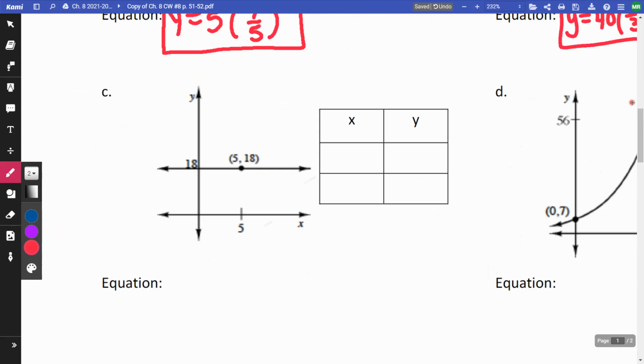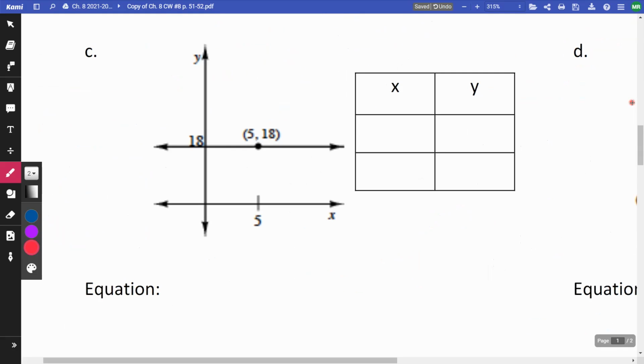On letter C, on this one, I have a point here at 0, 18, and then we have a point here at 5, 18. So since I have 0, 18, that is going to be my a, my y-intercept.